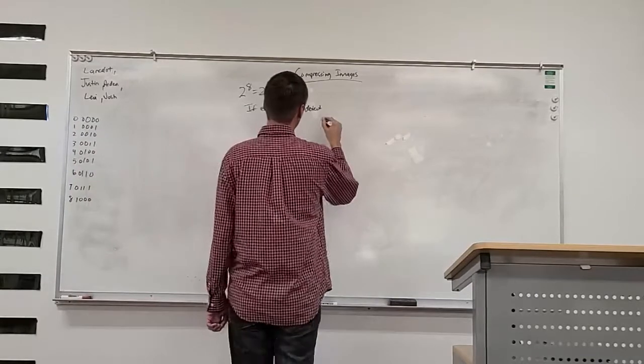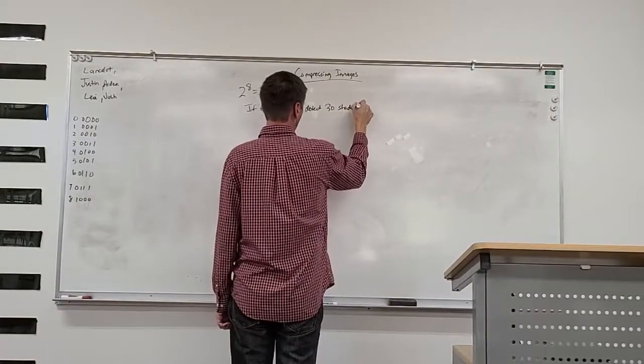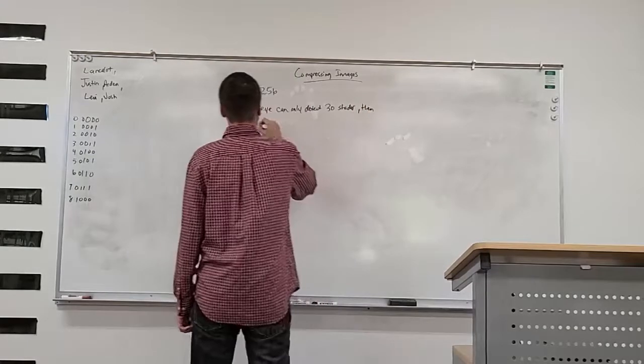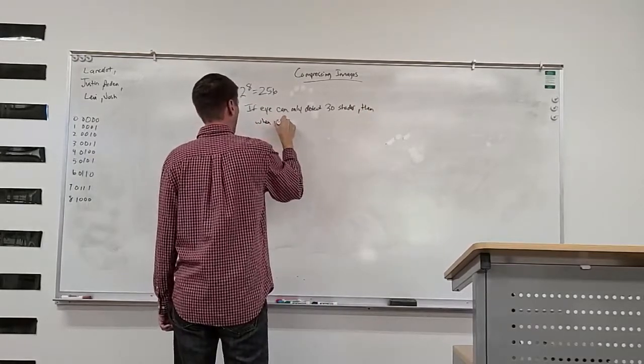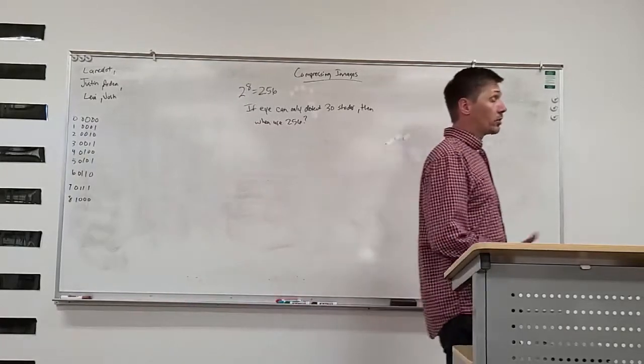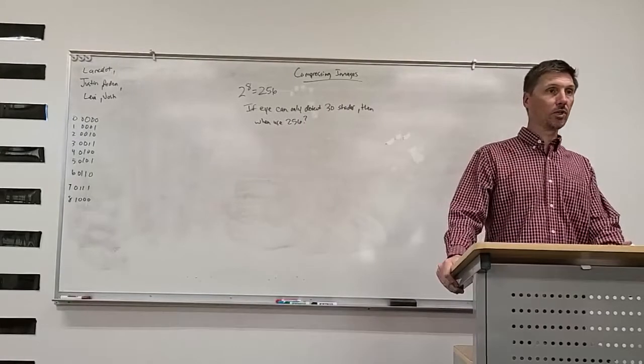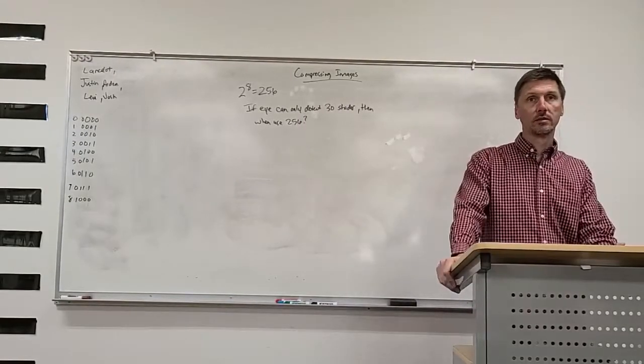If I can only detect 30 shades, then why use 256? And so some forms of compressing images say we're just going to throw out all that extra data.